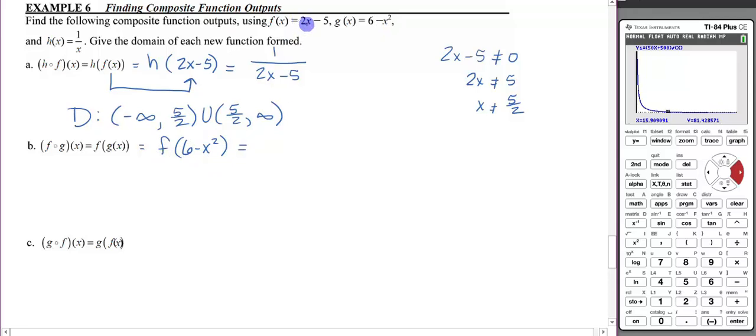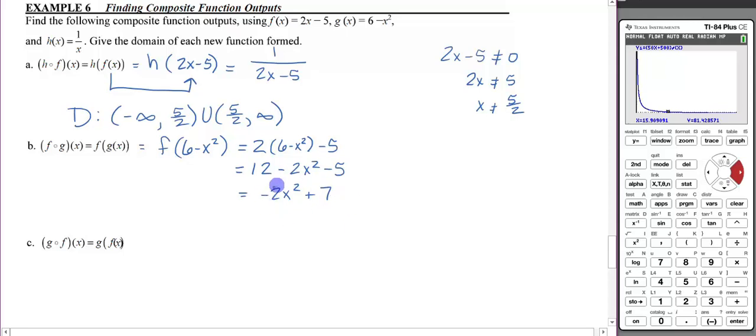It takes 2 times some input and then subtracts 5. That input is the 6 minus x squared. Now we need to simplify. 12 minus 2x squared minus 5. So that's negative 2x squared plus 7.